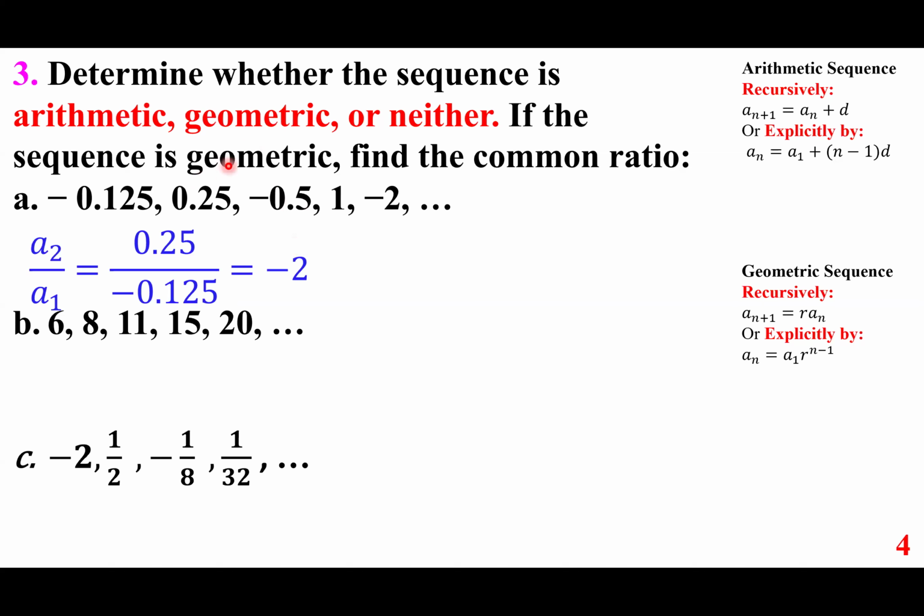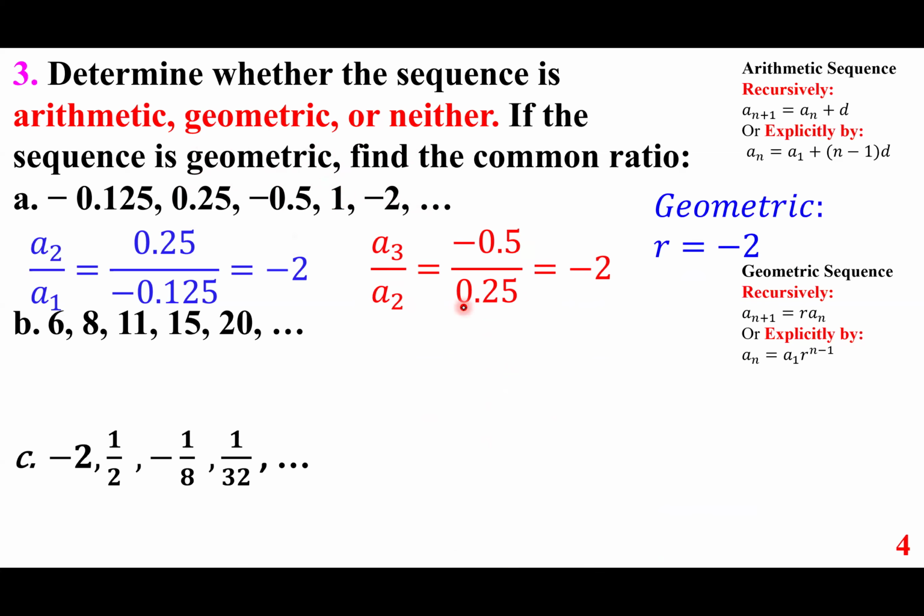Let's look at the ratio of these two. Clearly, negative 2 divided by 1 is negative 1, and 1 divided by negative 0.5 is the same. And you go with the second one, a sub 3 over a sub 2. So that is the proof that this is a geometric sequence with r being negative 2, according to the definition of a geometric sequence.